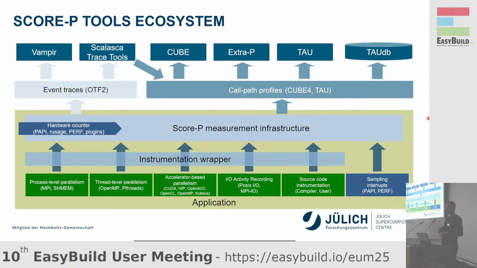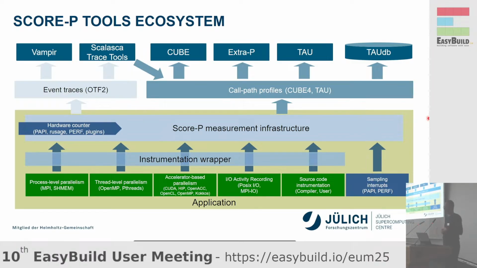In the next release coming out, hopefully this month, also OpenMP target offloading, Kokkos. We can record I/O activities and so forth. And we can also work together with the compiler to instrument your source code on the function level. And you can also add a user API to mark your own regions that are not captured by this.